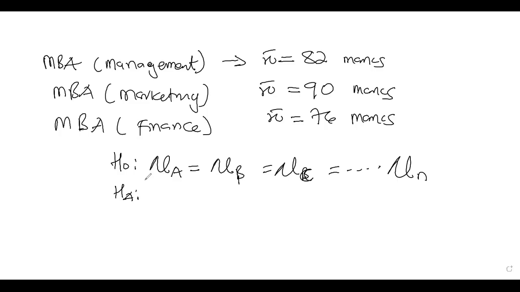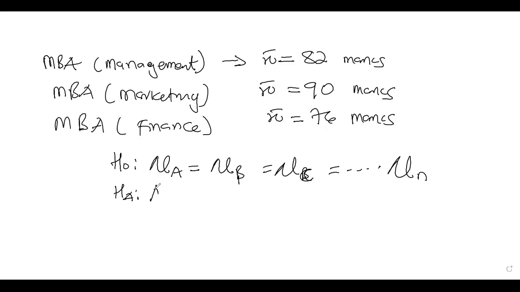Now, one of the things you must know is that when at least even one of the groups is different from another, this null hypothesis will be rejected, because the null hypothesis says that each group has the same mean. So if one group alone has a different mean, it will differ from other groups.